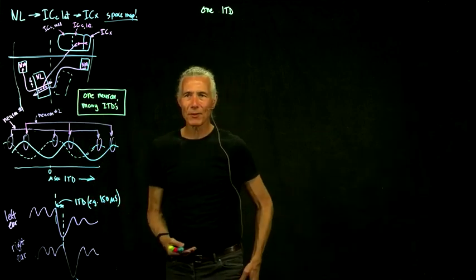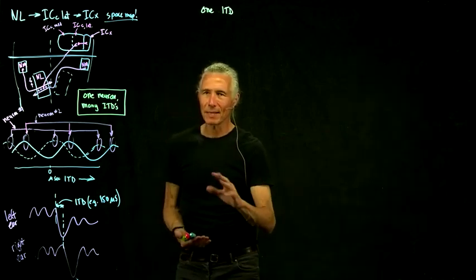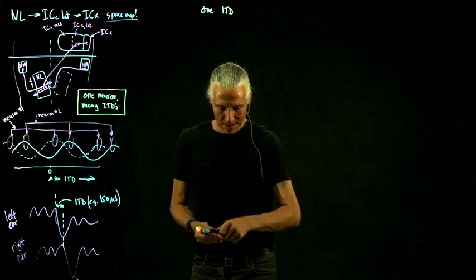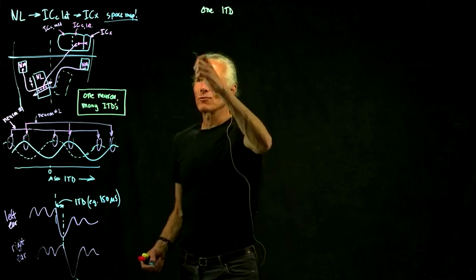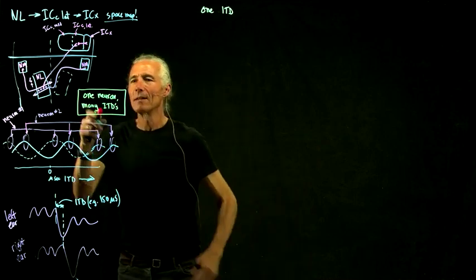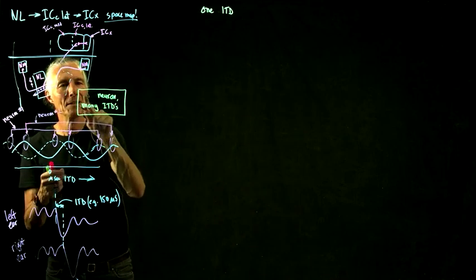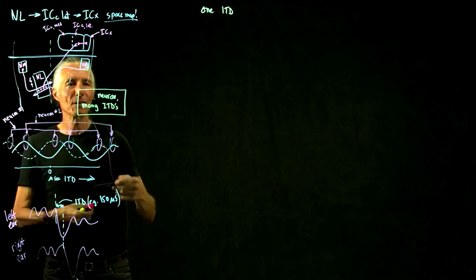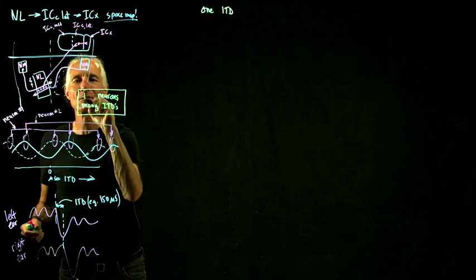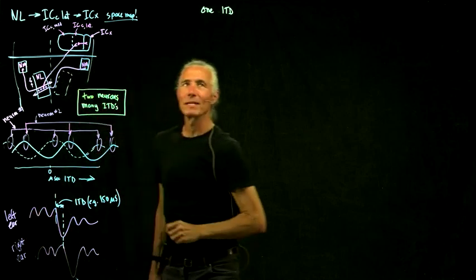And what's going to happen is you're going to get some ambiguous responses, but the ambiguous responses look a little different. So let's draw out just two different ITDs. Here we had two neurons, many ITDs.